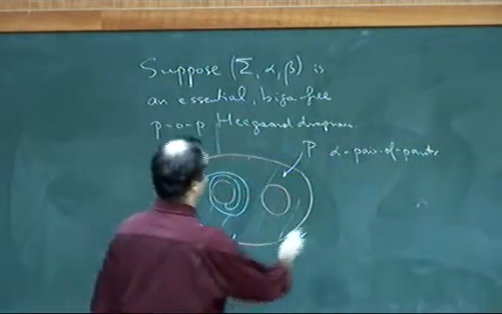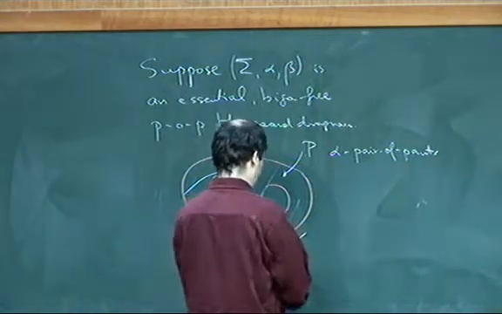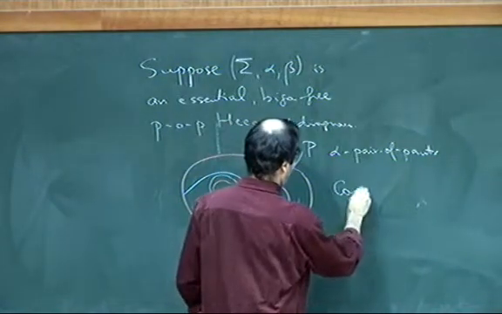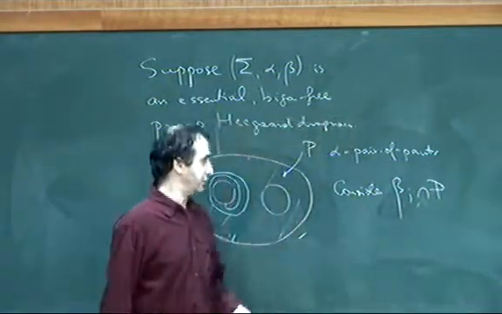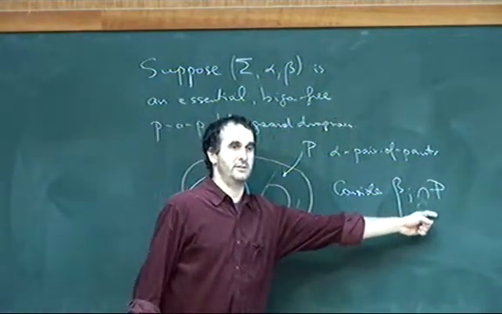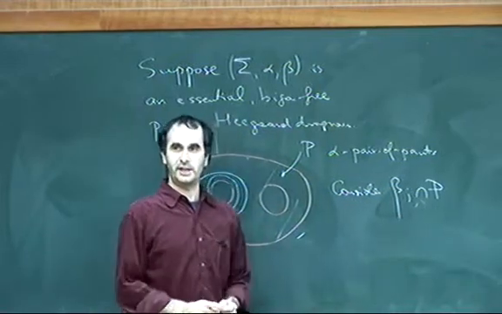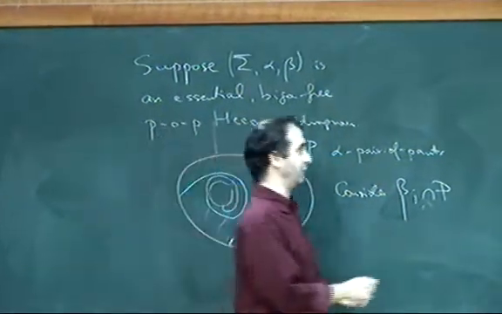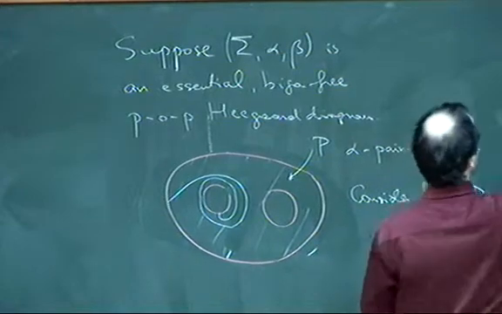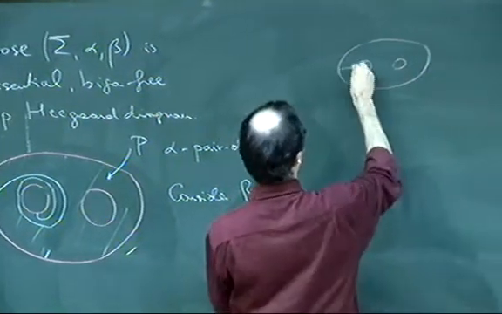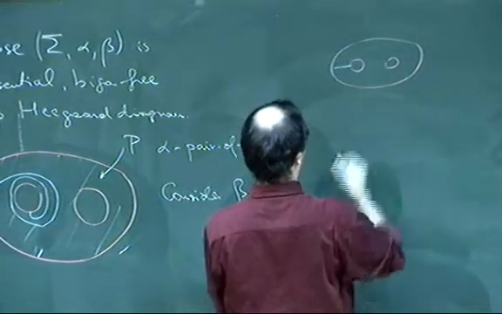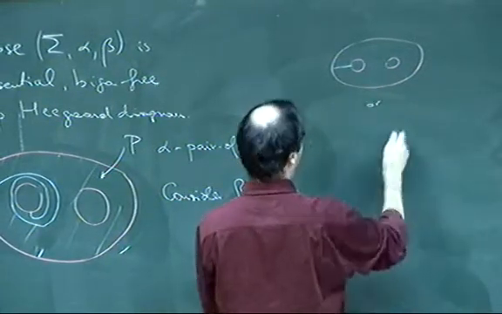So consider a beta curve and intersect it with P. I would like to convince you that there are two possibilities. Up to diffeomorphism, it looks either like this or like that.